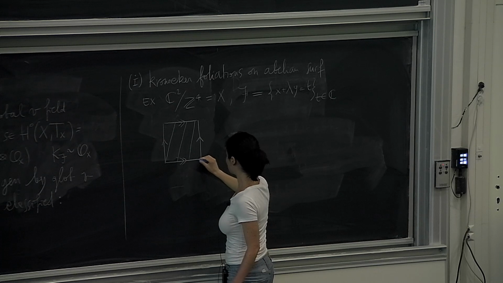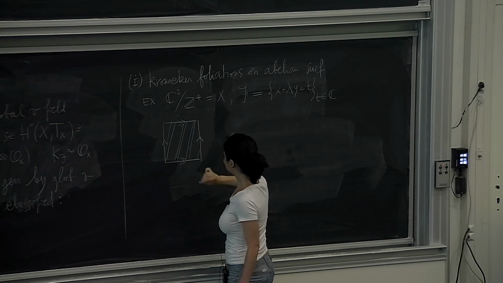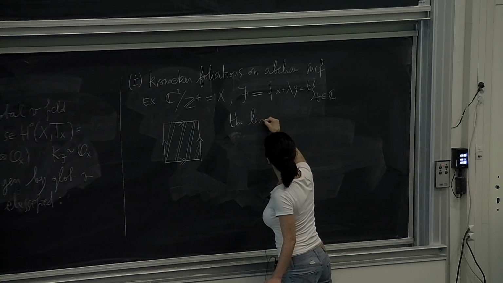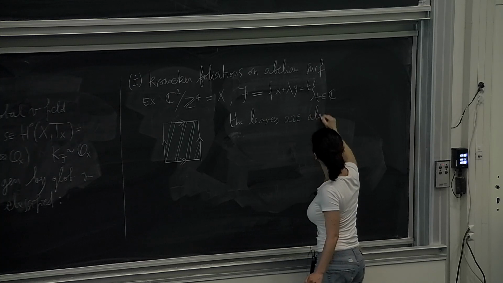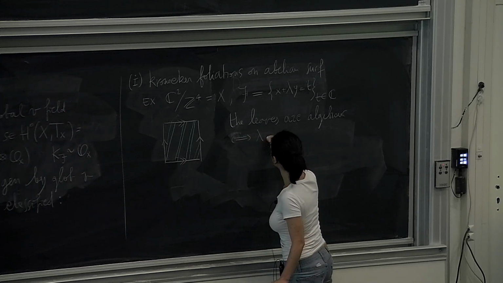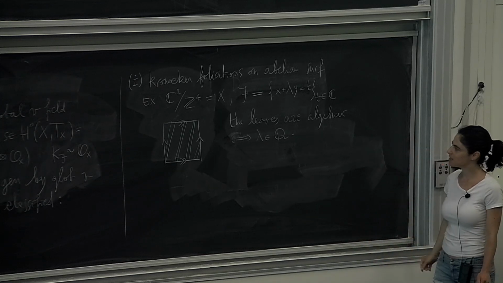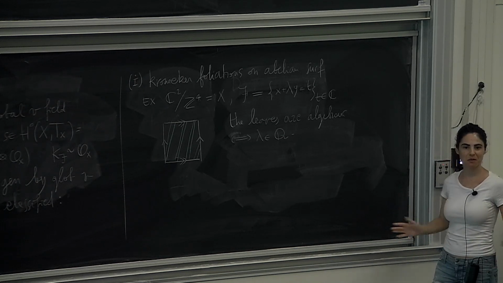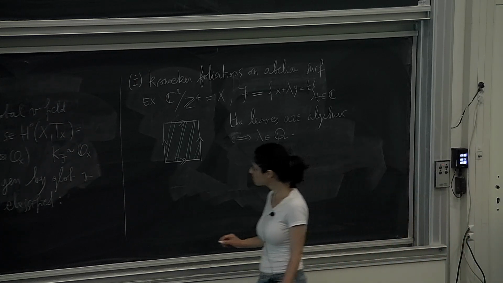And it gives us a curve in X. And well, this leaf closes up, so the leaves are algebraic, if and only if lambda is a rational number. So if lambda is a rational number, the leaf is an elliptic curve, and otherwise it will fill the surface densely. Okay. So this is one example.